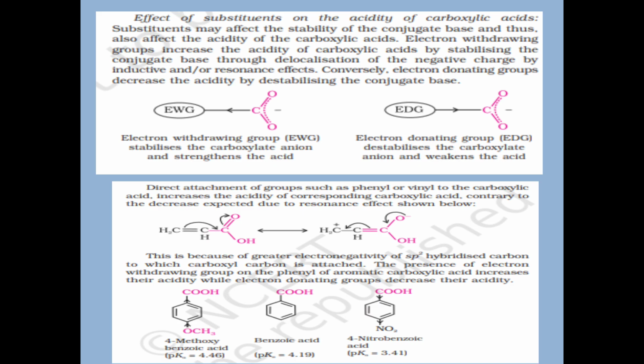Effect of substituent on the acidity and basicity. Electron withdrawing group will increase its acidity. Electron donating group will decrease its acidity. Direct attachment of groups such as phenyl or vinyl group on the carboxylic acid increases the acidity of the corresponding carboxylic acid, contrary to the decrease expected due to the resonance effect shown below.